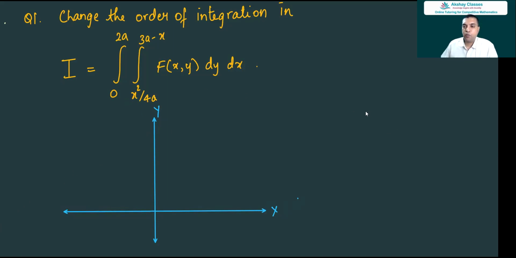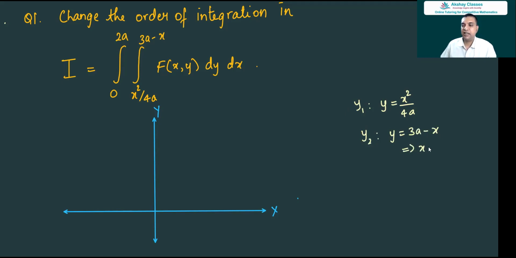We have the curves: the first curve y1 is y is equal to x square by 4a. That means 4ay is equal to x square. It's a parabola. Now y2 is the curve y is equal to 3a minus x.